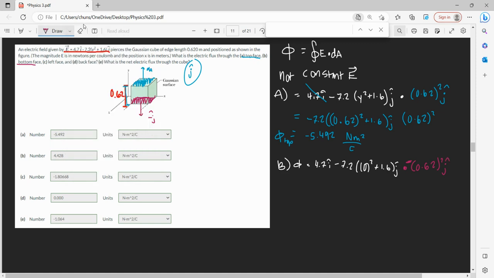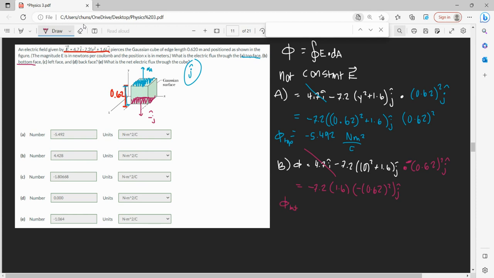So again, the i term is going to zero out, and then we'll just have 1.6 times negative 0.62 squared in our j hat direction.